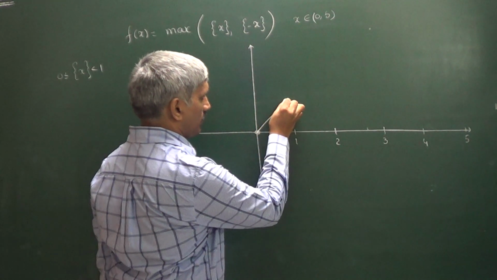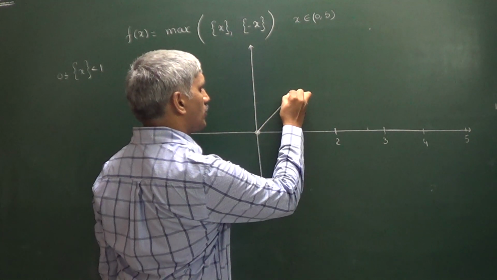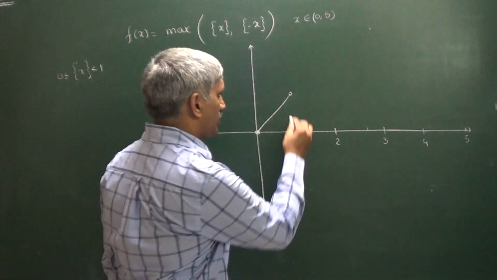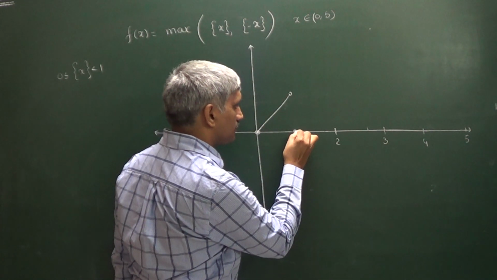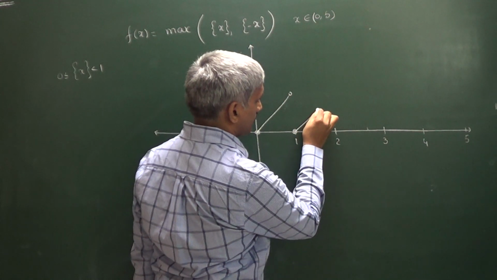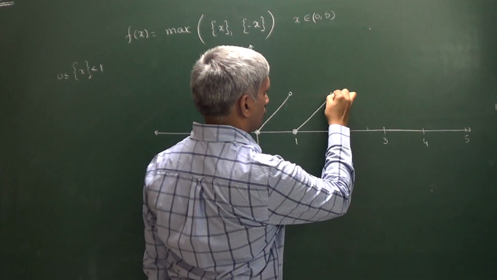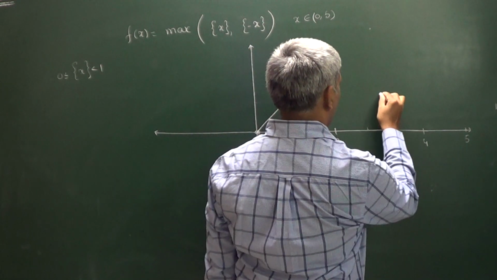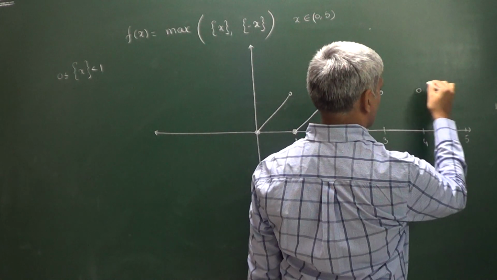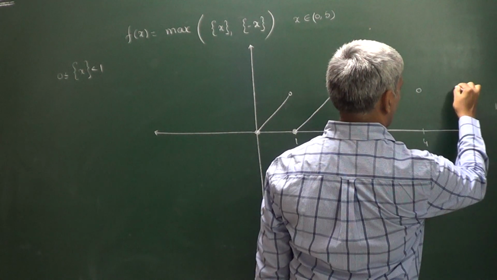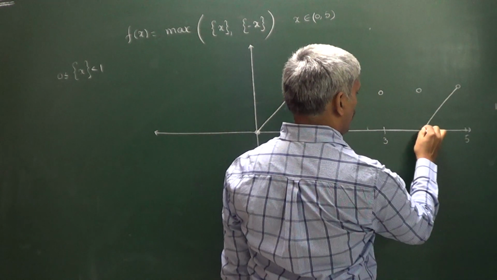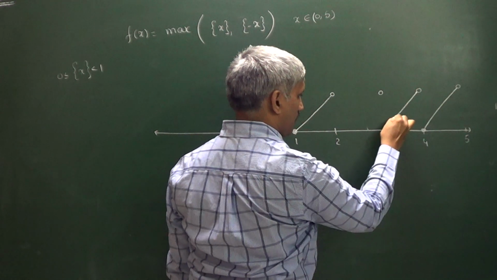Maximum value we will get is 1, we won't actually get it. At 1 it is an empty circle, because at 1 again you will get 0. Similarly at 2, at 3, at 4 also an empty circle, at 5 also an empty circle. This is the graph of fractional part of x.